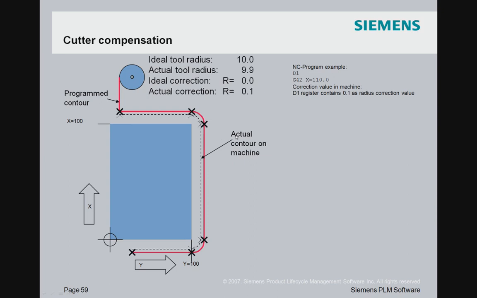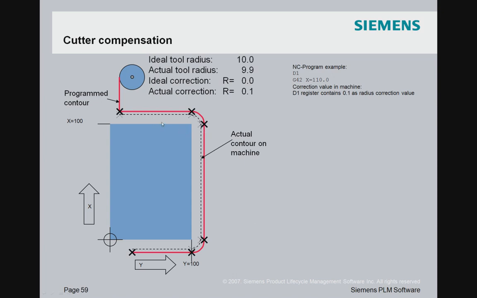Another option is to program with a certain tool in mind in the CAM system. For example, you program with a tool that has 10 millimeters diameter, and already the CAM system offsets the tool path from the part. So the coordinates that you see in the ANSI output are the red line, and they are already offset by the CAM system.